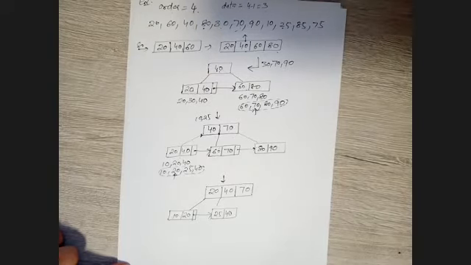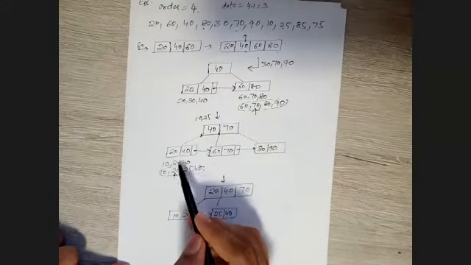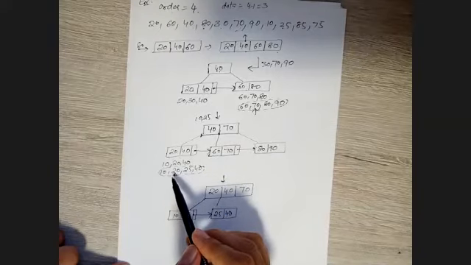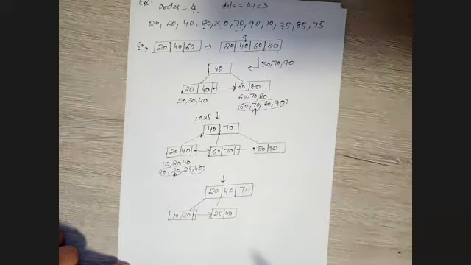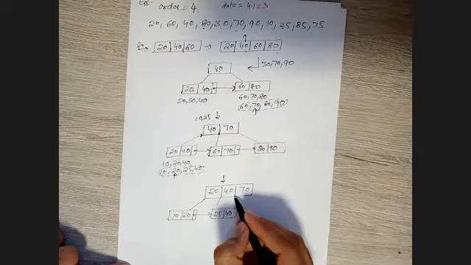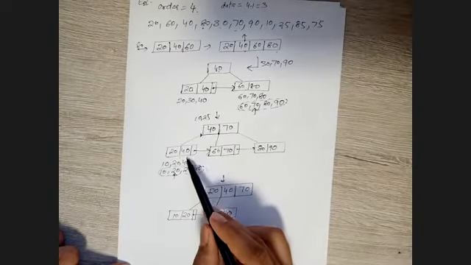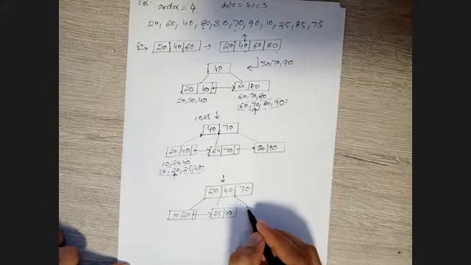Right, any doubt so far? So we have taken this upward, right? So 20 will go up and 10, 20 will be split over here, right? Okay, let's move on. And for these two, they will remain as they are.